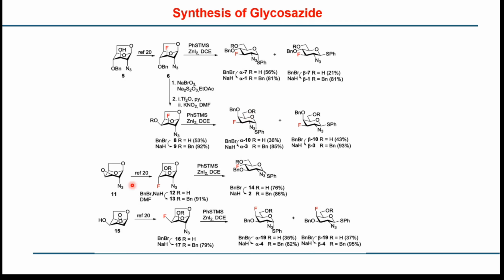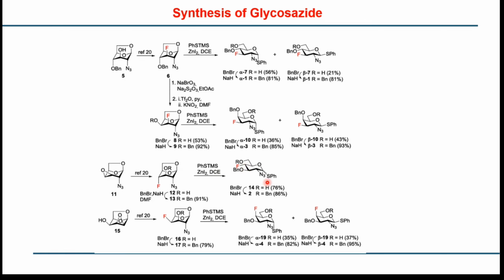In the case of C4 thioglycoside donor, they started with the acetal and epoxide protected 11, and then the opening of this epoxide followed by BN protection of this free hydroxy by using BnBr and sodium hydride. Again, the opening of the acetal led to the C4 fluorinated thioglycoside.